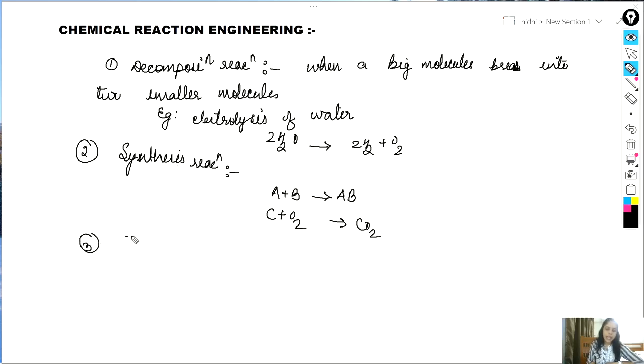And the third one is isomerization reaction. So what is isomerization reaction?